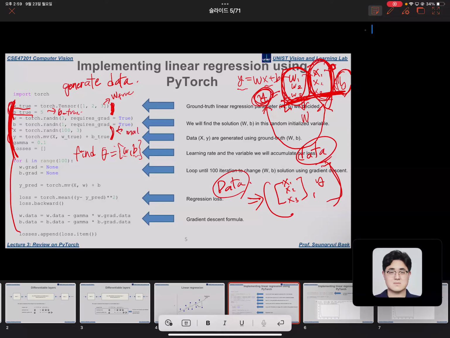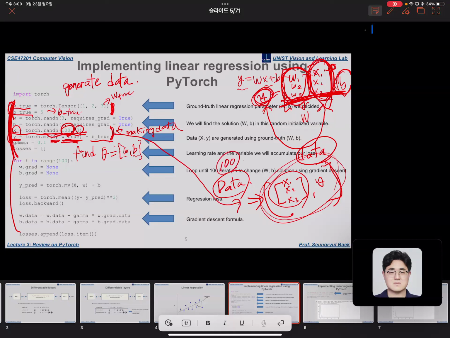X values are randomly sampled: 100 samples of this 3-dimensional X1, X2, X3 vector. For each randomly sampled input X, we multiply by W true and add B true to get the Y value for that random X. So this is the code for making 100 random data points. Are you following this?